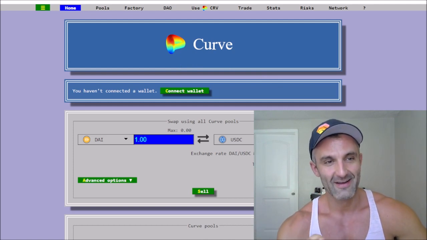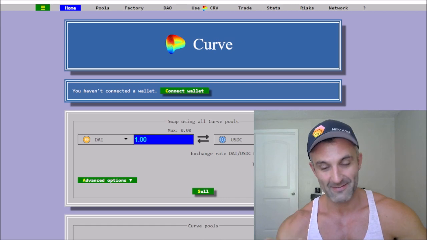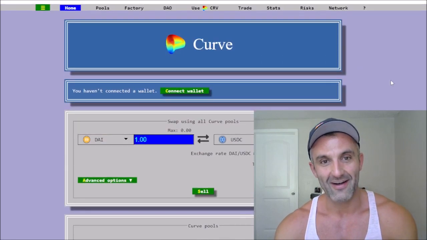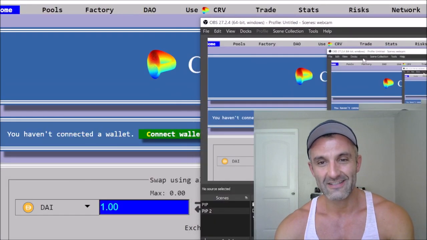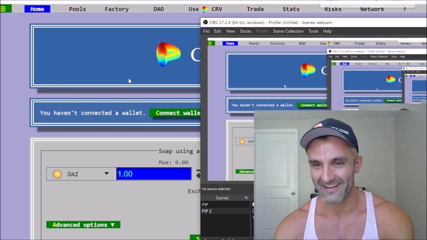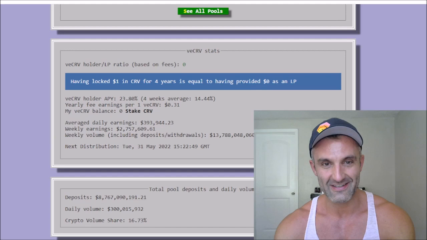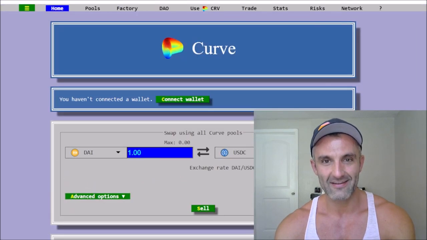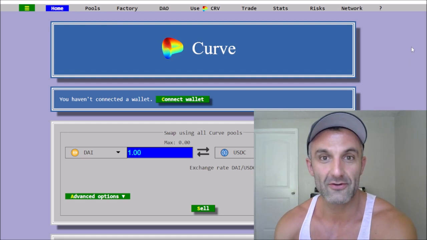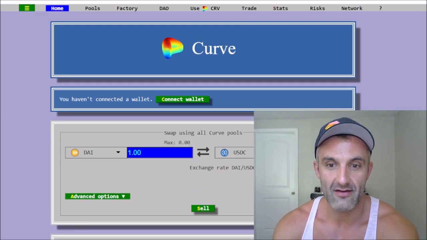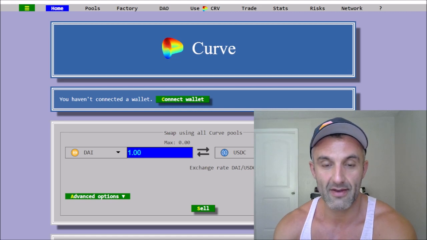Now, first of all, I got to talk about this website. Like, this website is, holy crap. This is like DOS. This is like DOS 1990. You can clearly tell that this site was strictly done by nerds or engineers or somebody who does not have an eye for user interface or the public, because there is no way Curve is going to be mainstream.